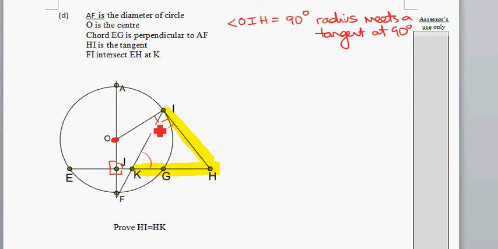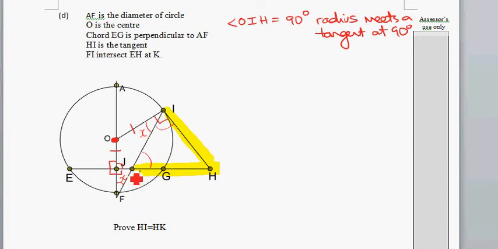Right, so looking around for triangles, and in particular radiuses, I can see that that's a radius and that's a radius, which makes this triangle in here isosceles. So let's begin by calling this angle in here a little x, which would make this angle in here a little x.